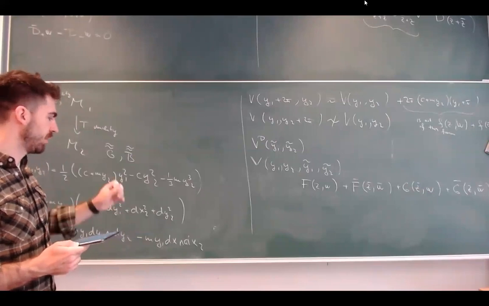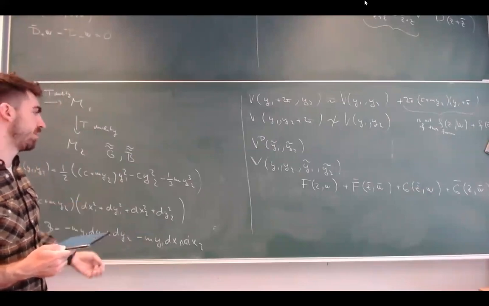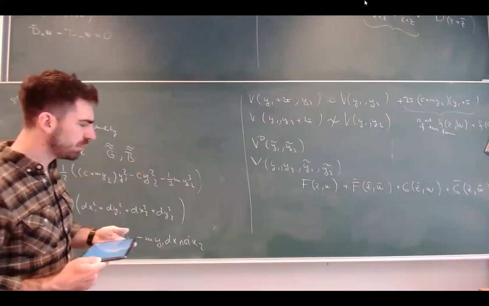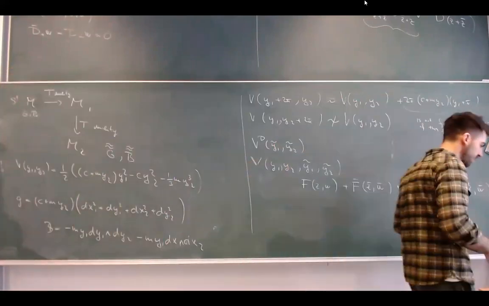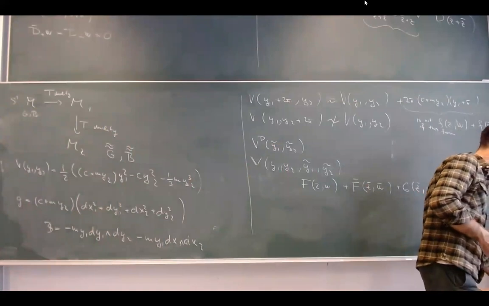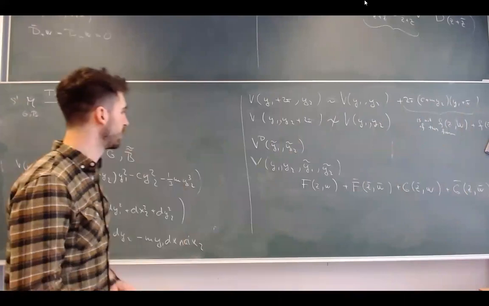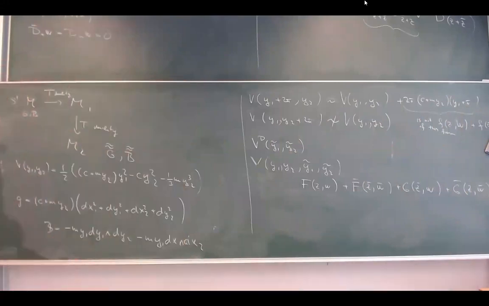But every time you choose one of the physical frames, you spoil that periodicity of the potential. So it only really makes geometric sense in the double sense and not in either of the physical descriptions.